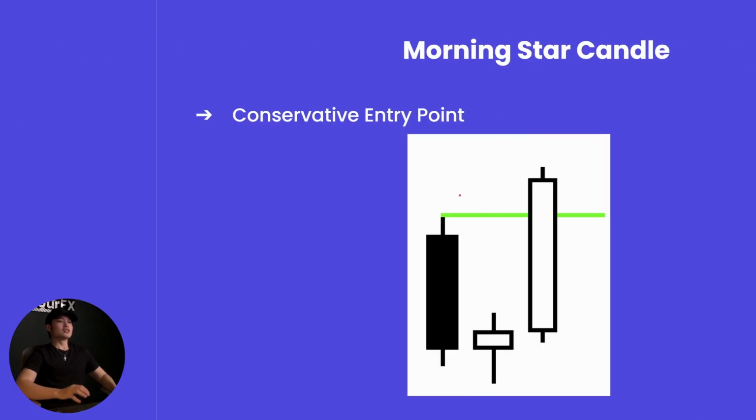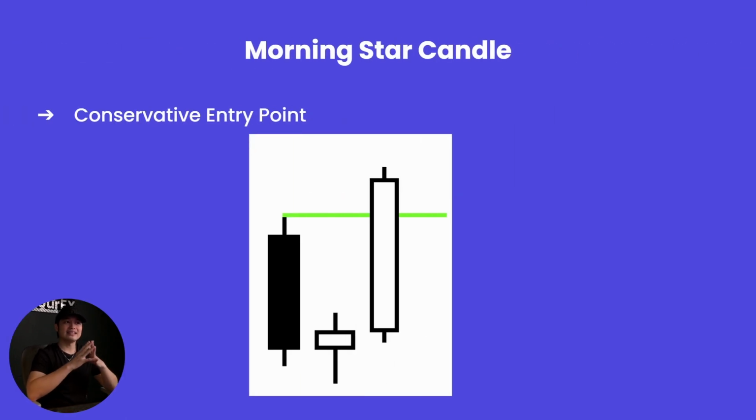Right. So the last one is the morning star candle. For the morning star candle, we also have a conservative and an aggressive entry point. On the conservative entry point, same as on the shooting star candle, this is our first candle, this is our second candle, the morning star candle, and then the third one is our confirmation.